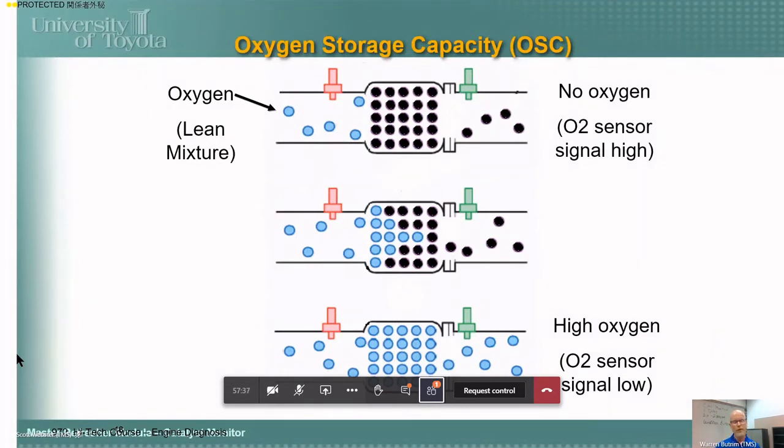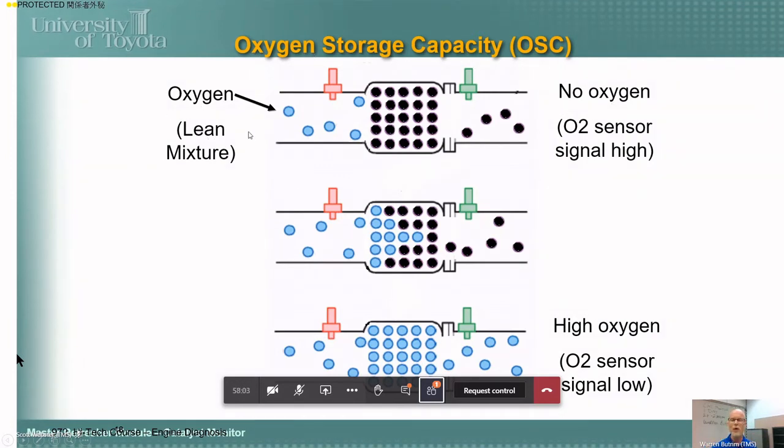When the catalytic converter is functioning and we're trying to get rid of NOx, it has to happen in an environment where we have very little oxygen. Just the opposite is true when we're trying to get rid of the hydrocarbons: we have to have oxygen available to make that work. On the top diagram, there's a lean mixture. Why is it lean?